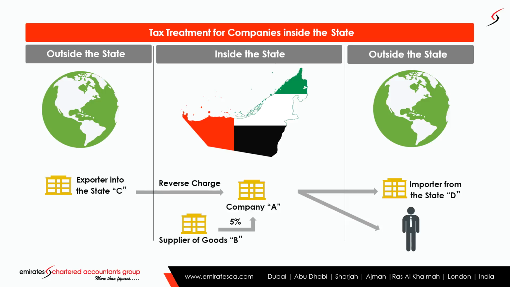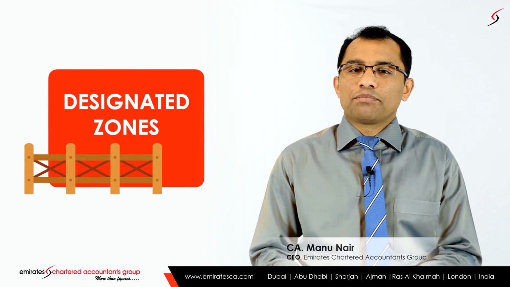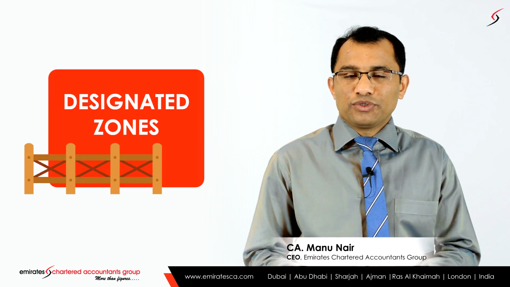When we are selling materials from UAE, that is the mainland, to outside UAE, it will be an export that will be zero rated. At the same time, within the UAE, if any purchases happen, then the supplier has to charge 5% from the customer.